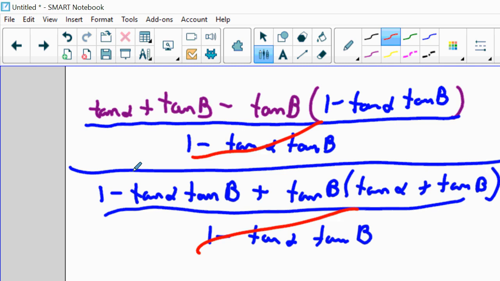So all we have left is tangent alpha plus tangent beta minus tangent beta, distribute, plus tangent alpha tangent squared beta, over 1 minus tangent alpha tangent beta plus tangent alpha tangent beta plus tangent squared beta.